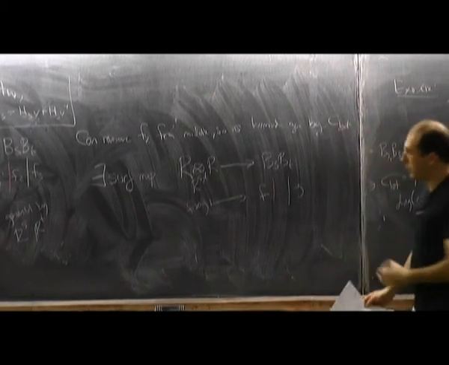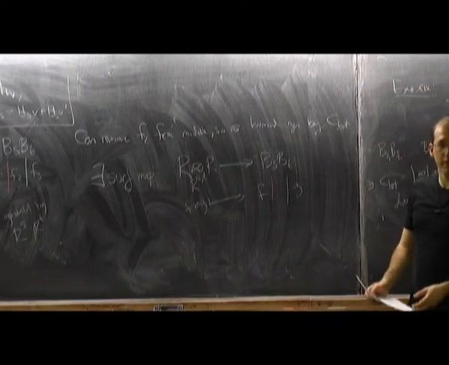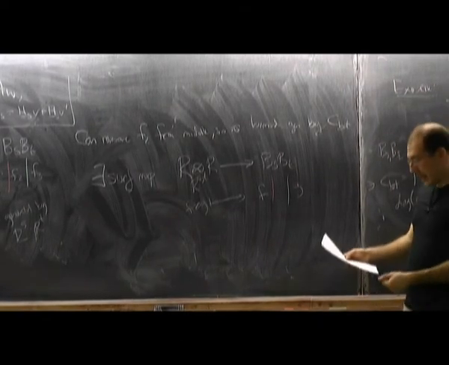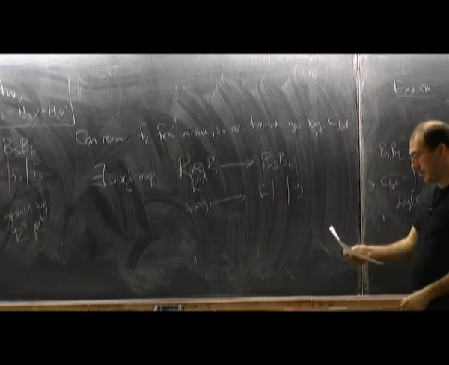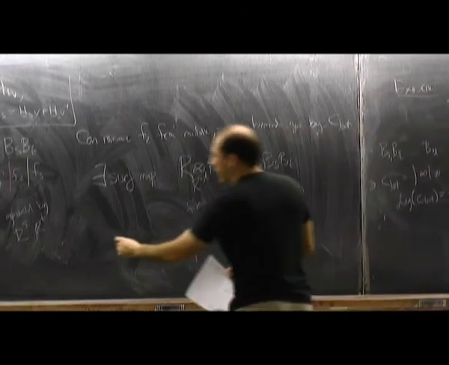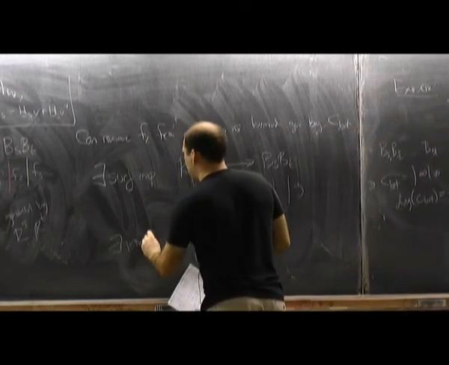Certainly, this map is well defined. And we've just said that it's surjective. But it will not necessarily have an inverse. So the big question is, does there exist an inverse?